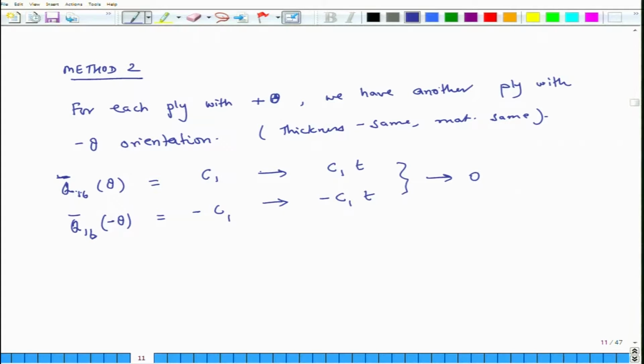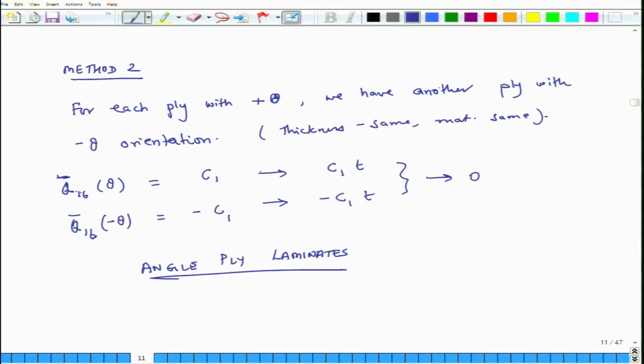So, this is another approach through which you can ensure that A16 and A26 become 0. Such types of laminates are known as angle ply laminates.